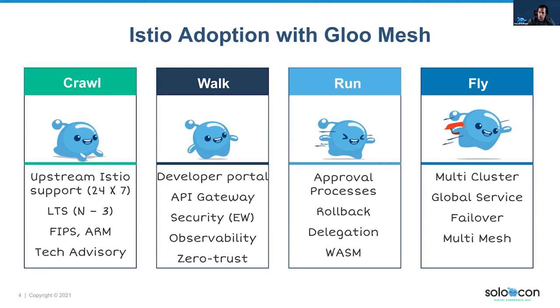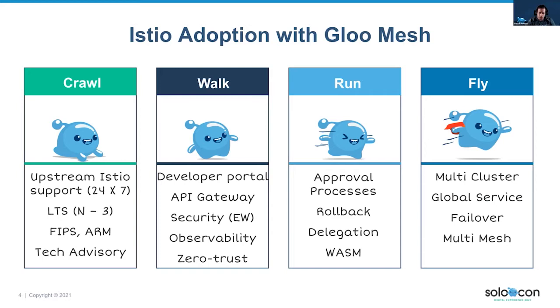They're beginning to learn what service mesh means technically and operationally. Then the next step is people add on more features. We call it the walk phase. They're doing maybe a developer portal, maybe an Ingress API gateway, start to use MTLS for zero trust security, start to use the observability features.